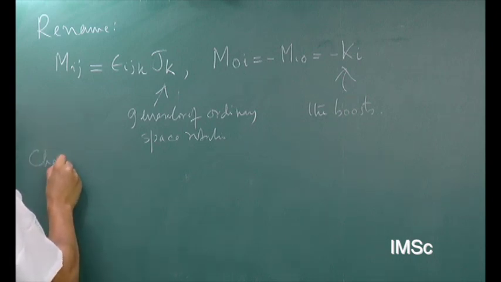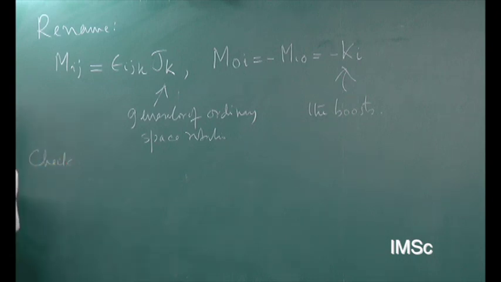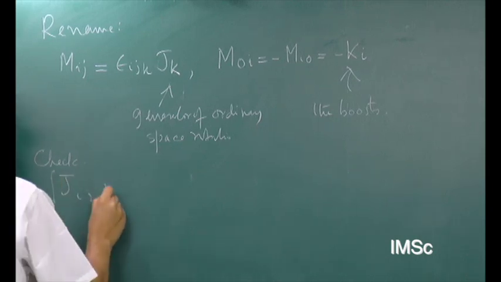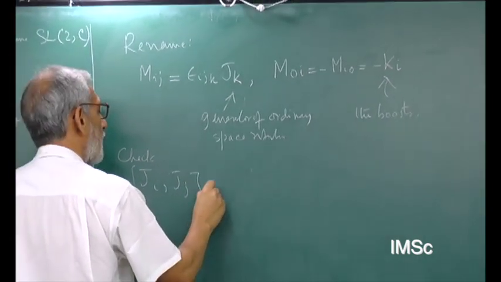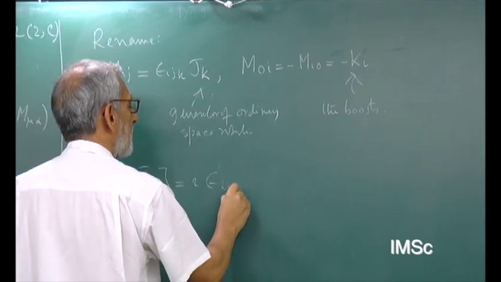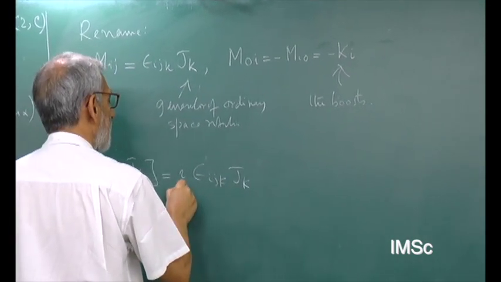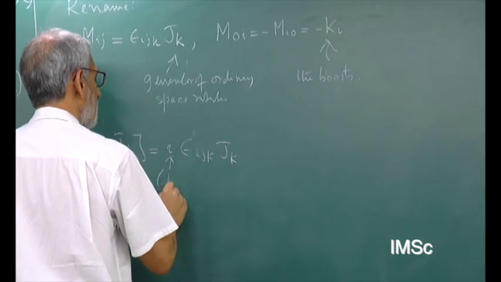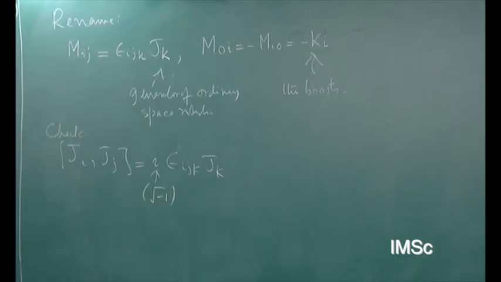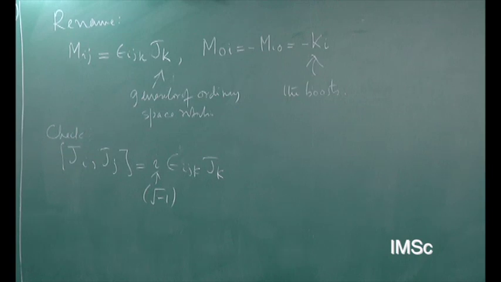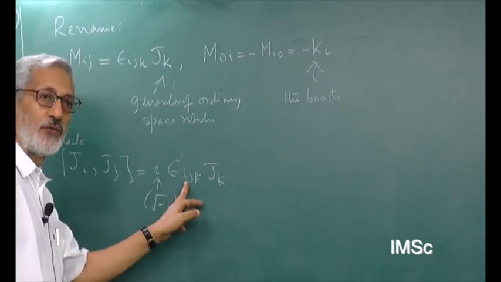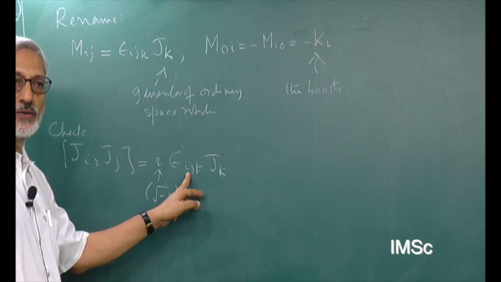Check using this: the Ji, Jj commutator is i epsilon ijk Jk. This i again is the root of minus 1, whereas this index i is the label that takes values 1, 2, 3.